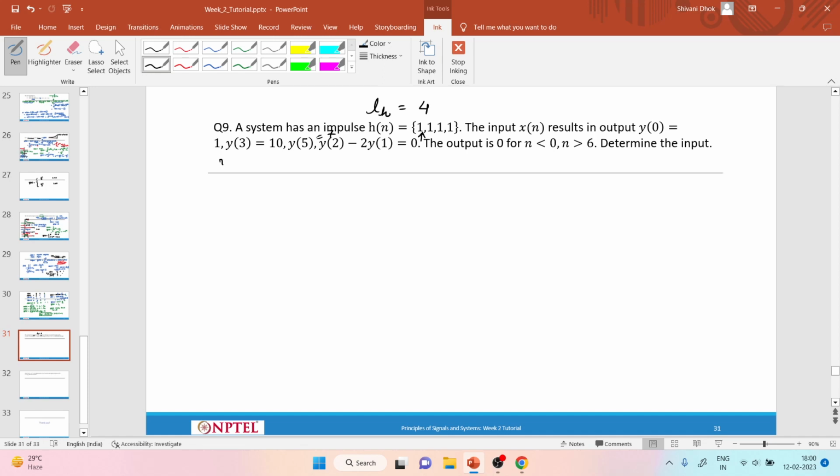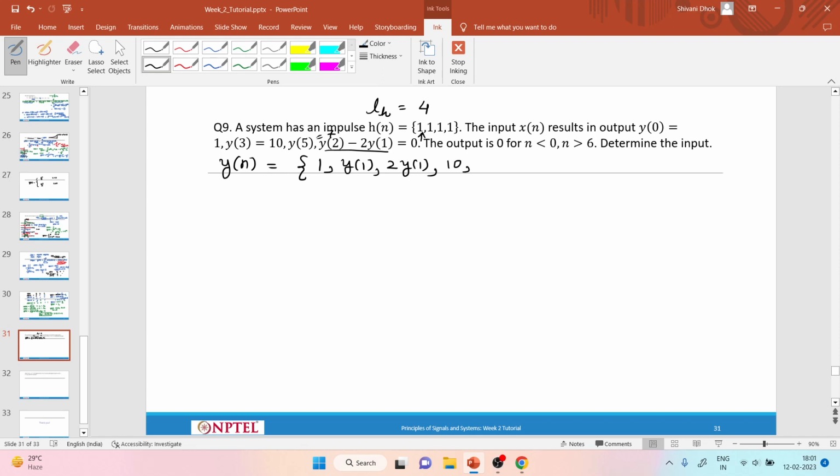So y of n at 0 takes the value 1, at 1 let's say the value is y of 1, then y of 2 minus 2 times y of 1 is equal to 0, so y of 2 is 2 times y of 1. Then y of 3 takes the value 10.